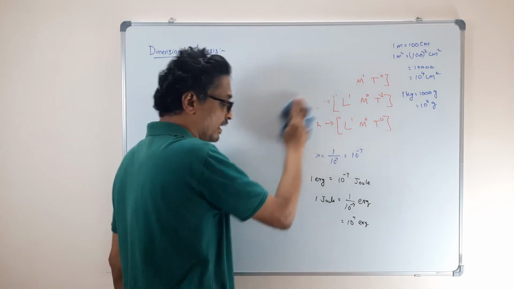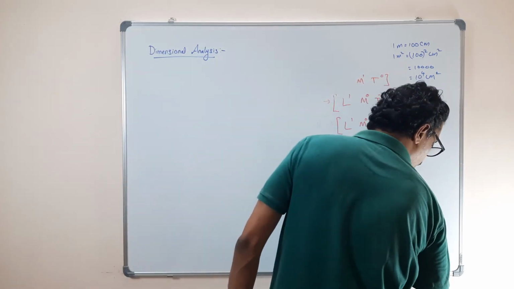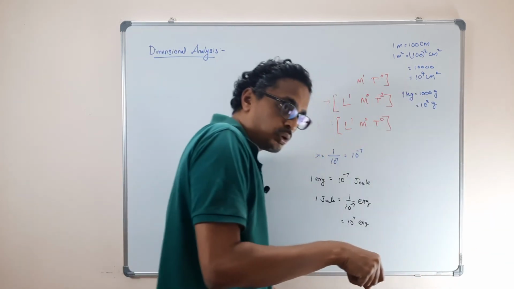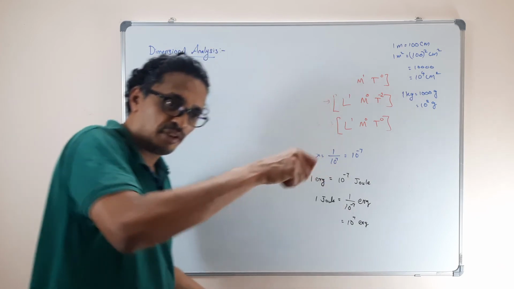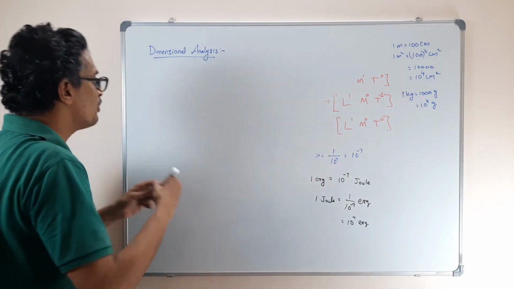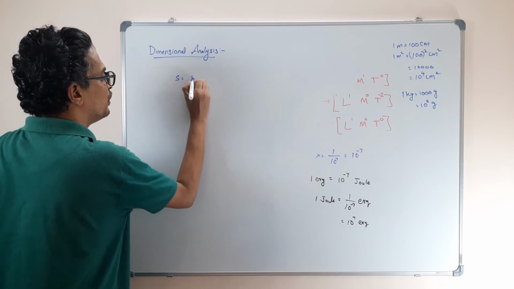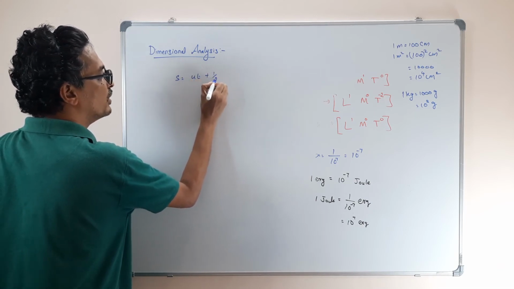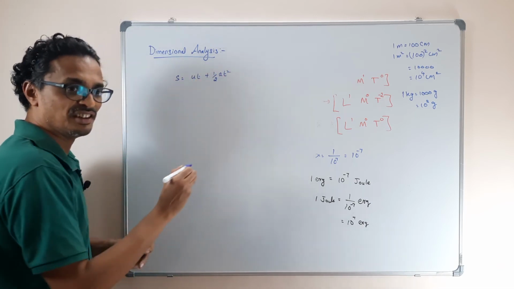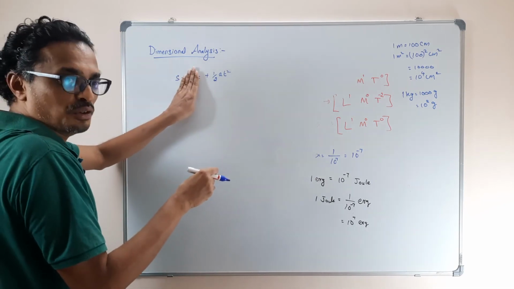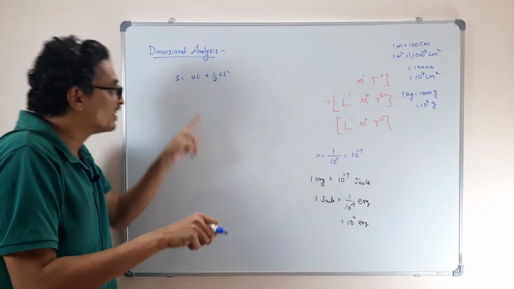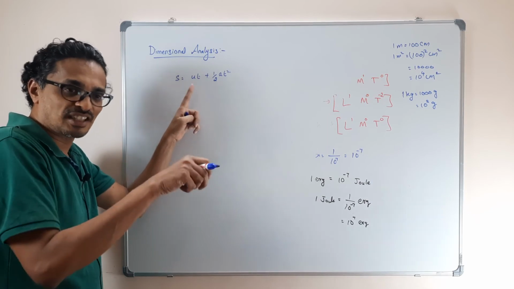Okay, so now instead of dropping the stone, if I throw the stone, that means I am going to give an initial velocity, correct? So then my S will be ut plus half at square, correct? So I said when I drop, this will become 0. But if I throw it, then there is some initial velocity, so this cannot be done.